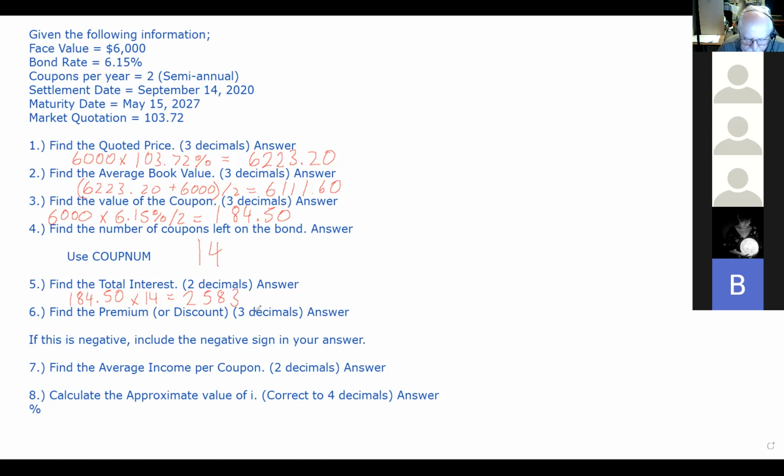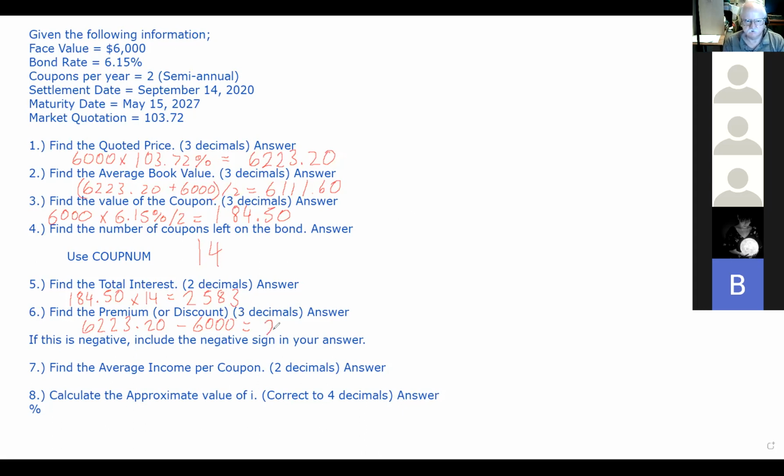So find the premium, which is the quoted price, which we figured out, 6223.20 minus the face value, which is 6,000. So 6223.20 minus 6,000.